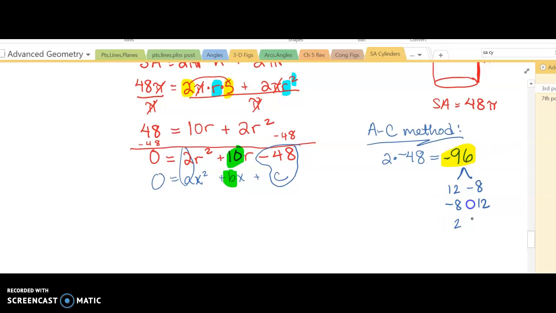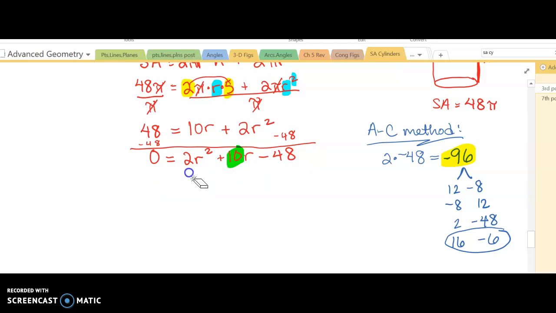Obviously you could do 2 and negative 48. That's not going to be it. We're looking for something that would add to be 10. How about 16 and negative 6? I think that would work, right? Those two numbers multiply to be negative 96 and they add to be positive 10.